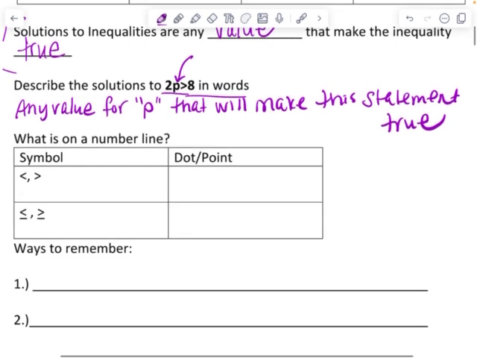All right, so we're still working with inequalities. All right, what about when I go to graph on a number line? All right, so if I see the less than symbol or the greater than symbol, when I graph it on a number line, I am using an open point. Okay, an open dot or an open point.